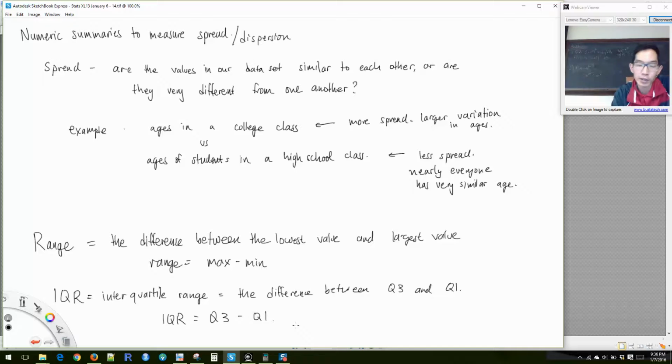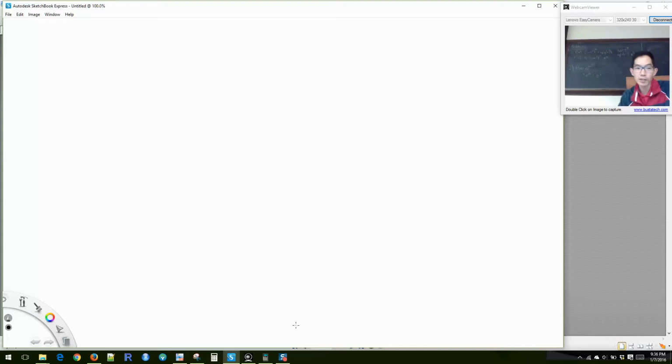We also have the standard deviation. And the standard deviation is just another way to report the amount of spread.